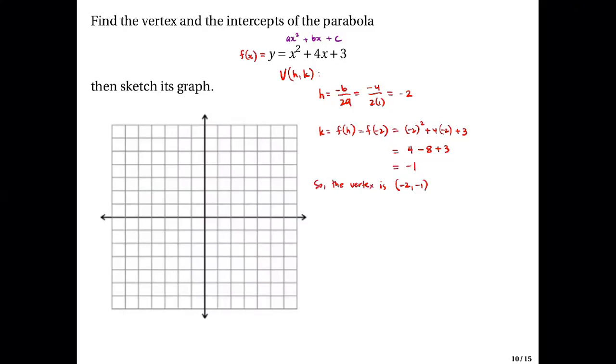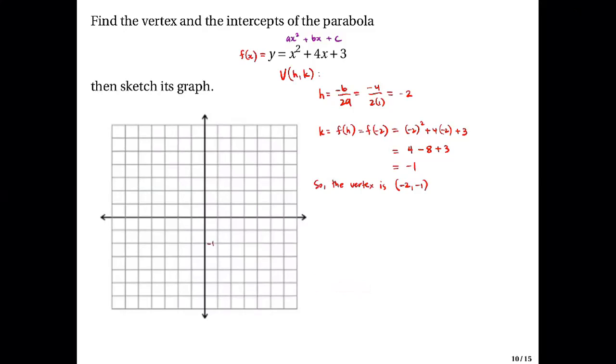Okay? And then on this grid, let us try to sketch this vertex. For this grid, I label every 2 ticks as 1 unit.